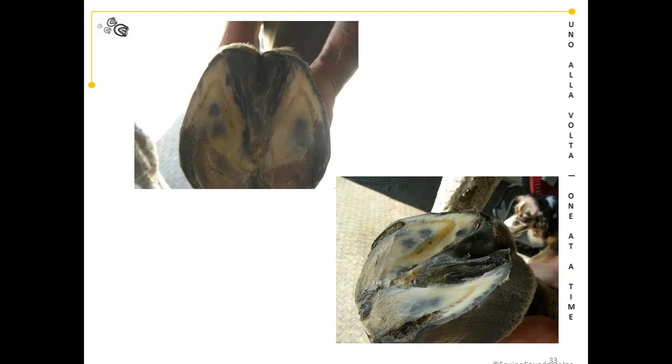So here you have now the old frog removed except for this tiny little bit here. But you have a nice new frog under there, and it just takes a little time till all of this grows back in. And that was actually not this horse's problem at all. He had quite some other problems.